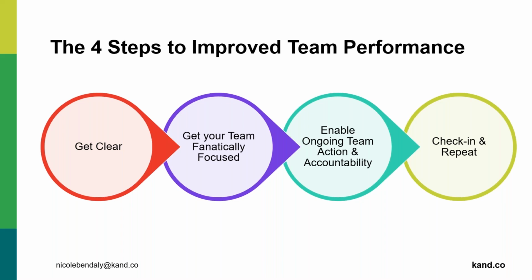Check in quarterly, have a longer quarterly session. And then every 6 months, reassess where you are and what you're going to focus on next. This is a continuous improvement process that never ends. High performance teams follow this process because they know in order to remain high performing, they need to stick with the program.